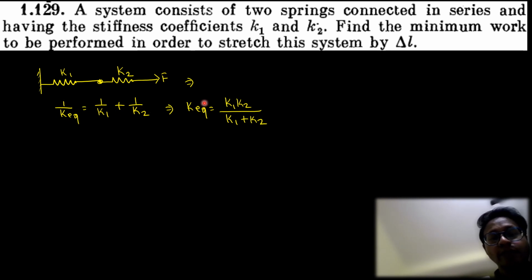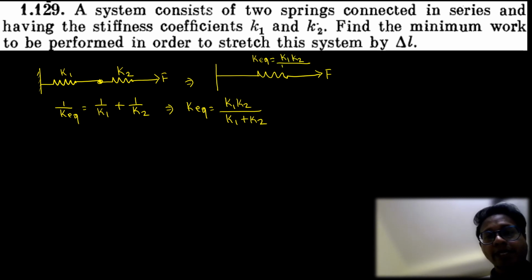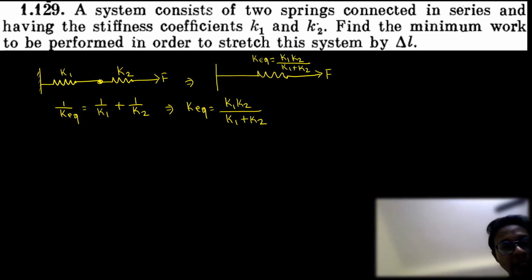Now flip it, because you need to find K equivalent. So now you have a spring with K equivalent equal to K1 K2 by K1 plus K2, and I need to stretch this by delta L. Work done by the spring is always minus half K X square, so the work done by the external force would be plus half K X square.